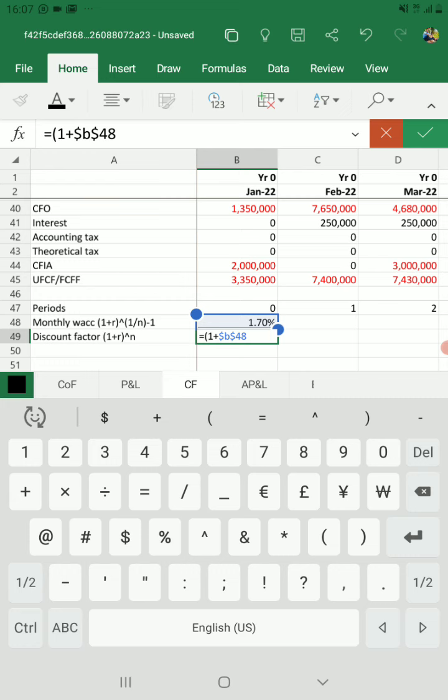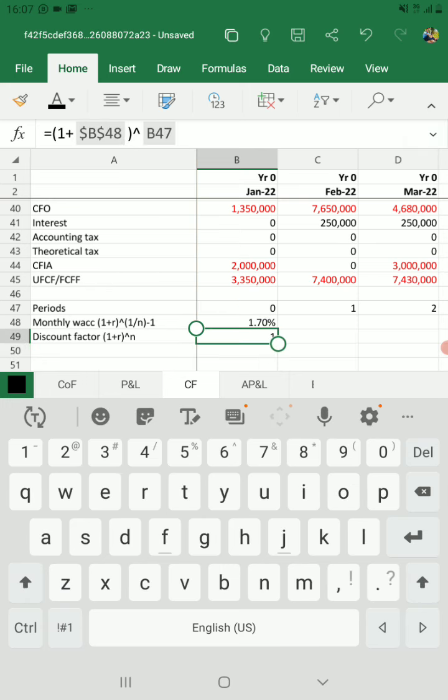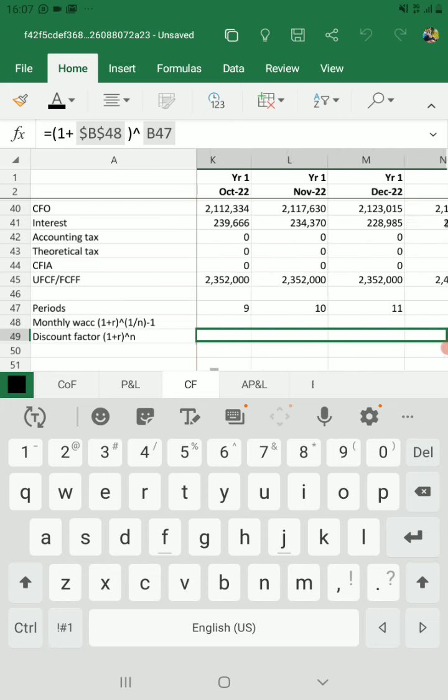So after locking, 1 plus R, I close the bracket, and then raise it to the period. In this case is 0 here, in 0 period, press enter. So that is the discounting factor, and of course discounting factor for period 0 is 1. Okay, so I tap to fill this throughout our projected period.